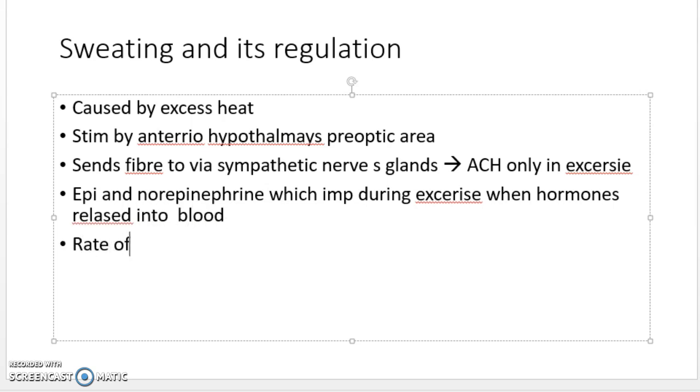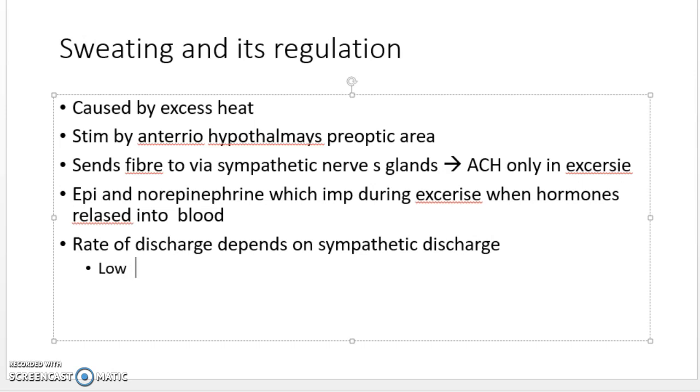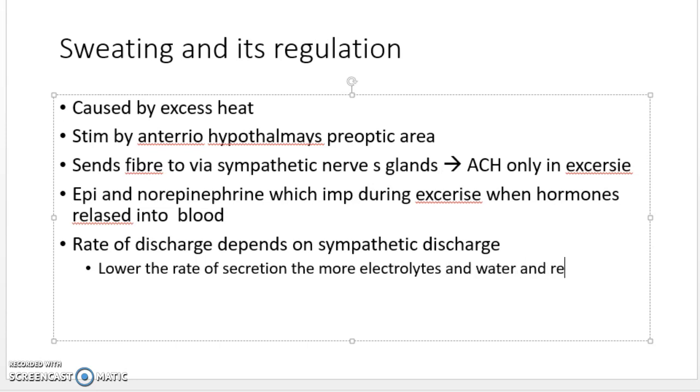The rate of discharge depends on sympathetic discharge. The lower the rate of secretion, the more electrolytes and water are reabsorbed, and vice versa. So with lower excretion, a lower amount of water and electrolytes is lost.